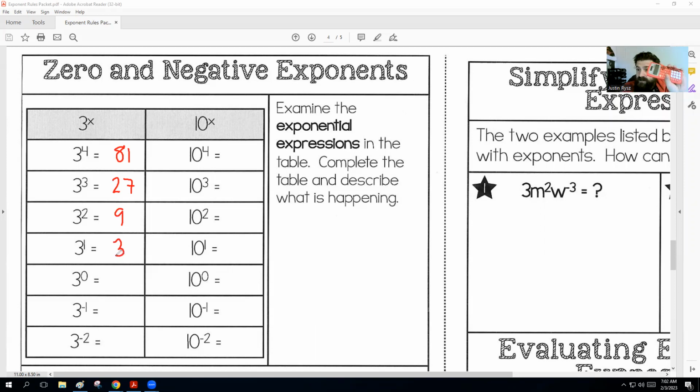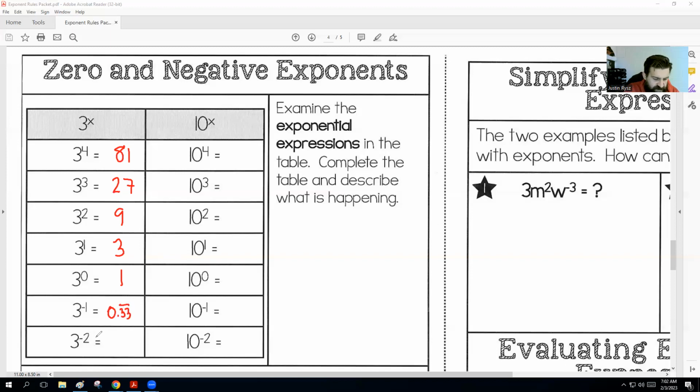All right, 3 to the 0 power. Definitely use the calculator for this one. 3 to the 0, we would think would be 0, but it's actually 1. 3 to the negative 1st, I get 0.3 repeating.